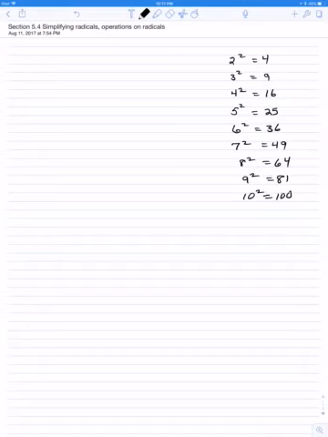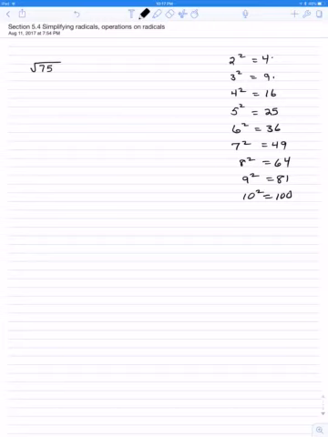Now I want to simplify the square root of 75. So I want to remove any perfect square factors from 75. I'll look at the list of perfect squares, and I'll look to see what's really the largest one of these perfect squares that will go evenly into 75.